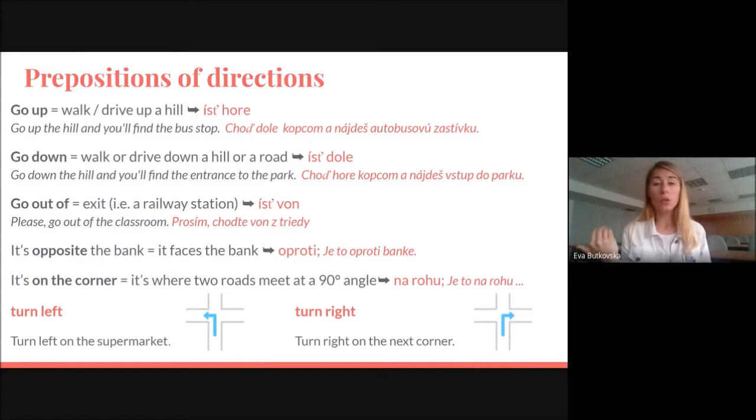You could as well use go into or walk into. Then it's opposite the bank, opposite the shopping center. Next one is on the corner, so on the corner of two streets. Outside of the corner, not inside the corner. And we said turn left or turn right.